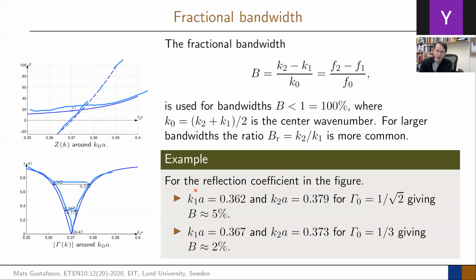The fractional bandwidth that we use is, of course, that we normalize these with the center frequency. So we get the fractional bandwidth. And it again depends on the threshold levels that we have here. In these cases, we could see that if we have a half power bandwidth, we had 5%. If we have 1/3, we got 2%.